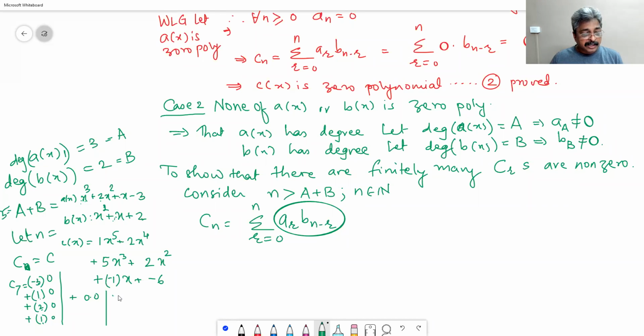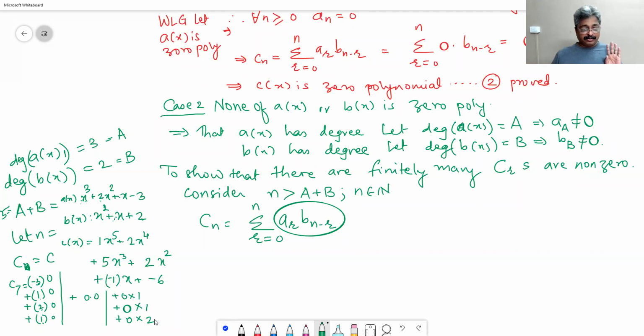Now A5 is 0 but B2 is 1, plus A6 is 0, B1 is 1, and A7 is 0 and B0 is 2.